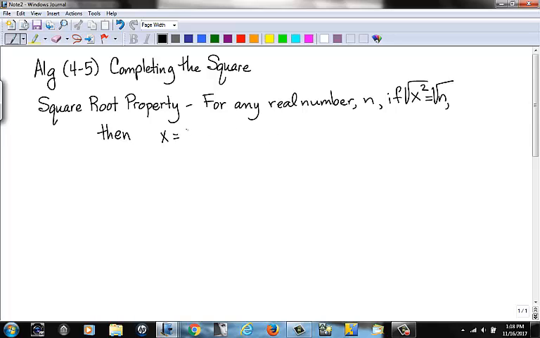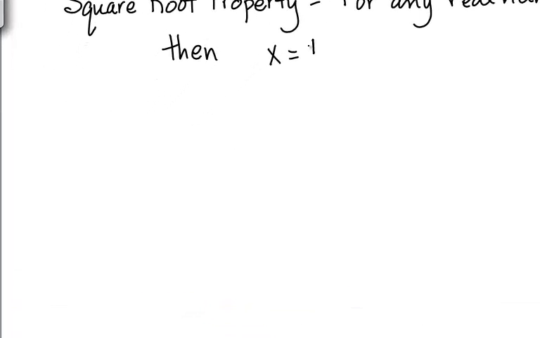So you'd have x equal, which we actually used this property at the beginning of the chapter. And you take the square root of both sides, and x equals positive or negative square root of n. So we did that on some of the homework. Okay.